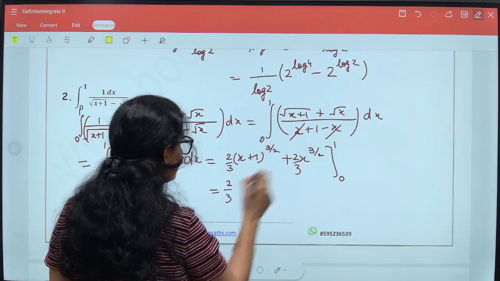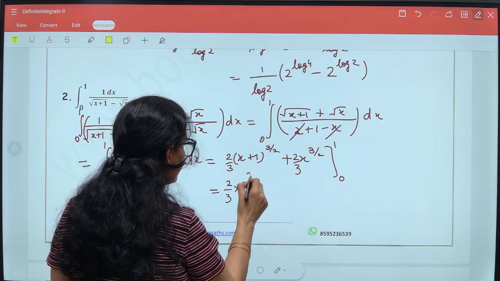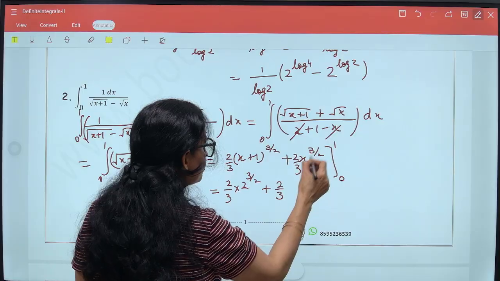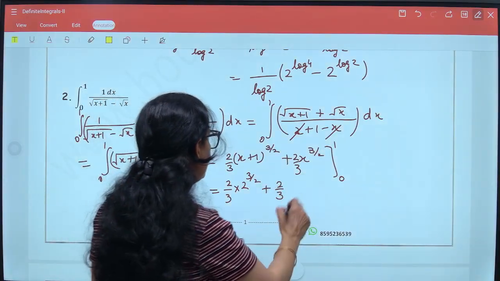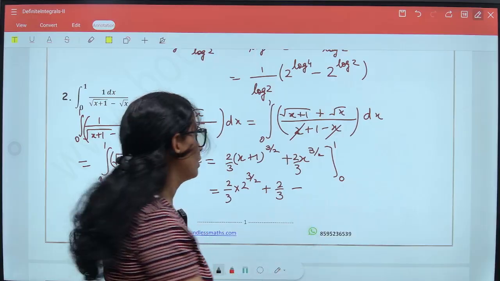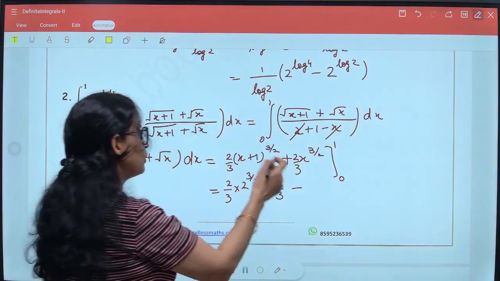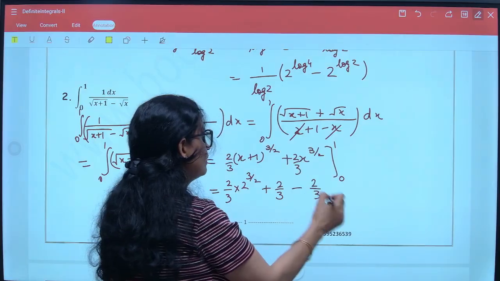So we get 2 by 3 of, this is 1 plus 1, 2, so it is 2 to the power 3 by 2, plus 2 by 3 into 1 to the power 3 by 2. 1 to the power anything remains 1, so no change. Minus the entire expression with x replaced by 0 now. So 0 plus 1 is 1, 1 to the power 3 by 2 will stay as 1, so we will only have 2 by 3 here, and this term will become 0.